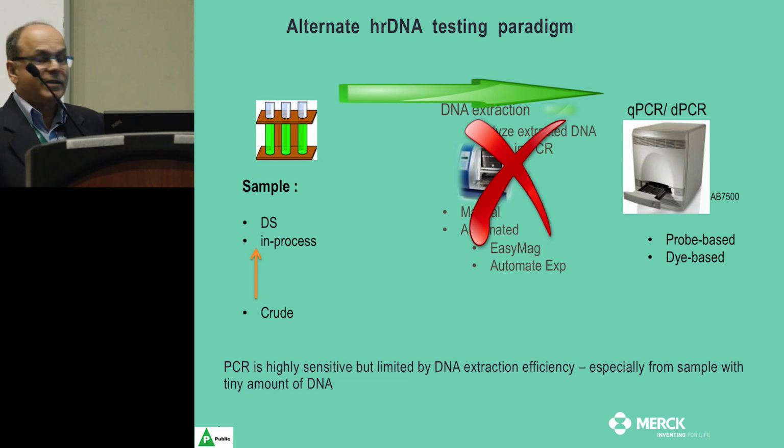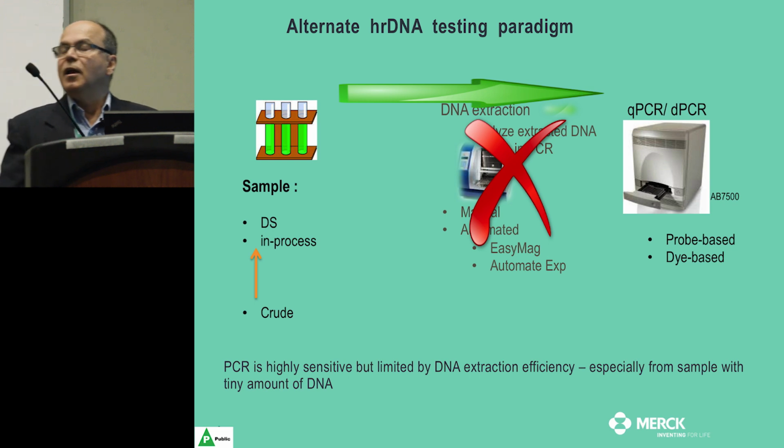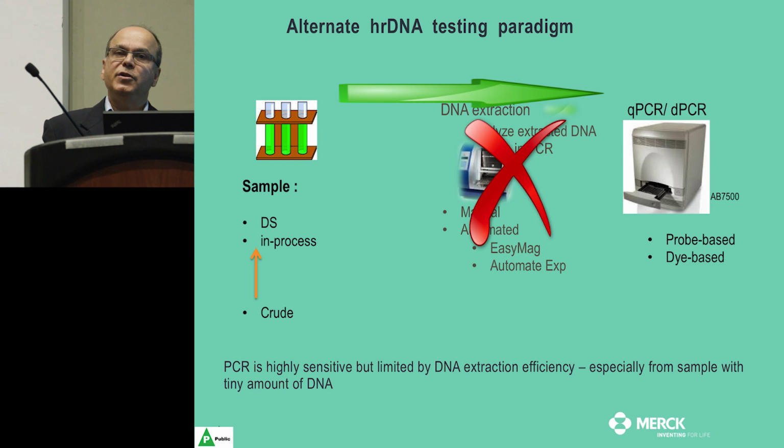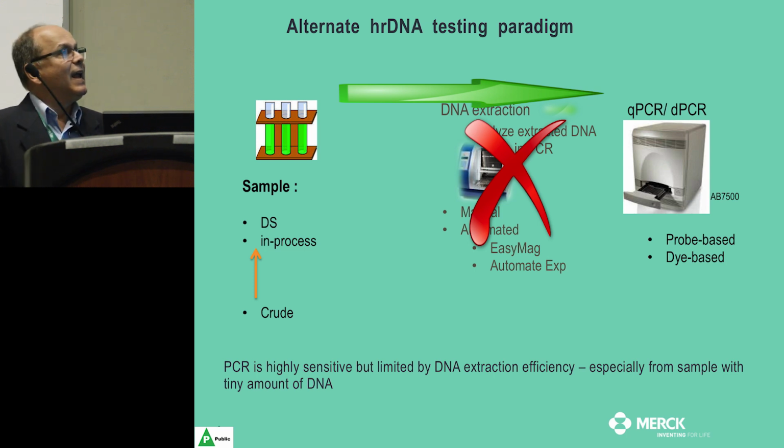Now, these samples, as I said, are crude or in process or drug substance. They have various amounts of DNA, but various amounts of protein also. And is it possible to do this?